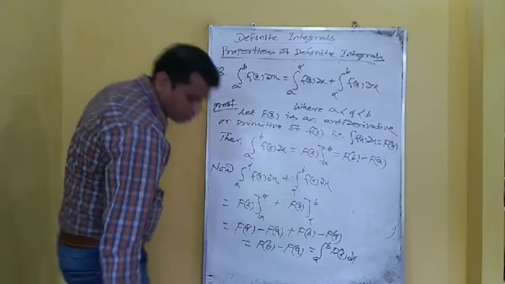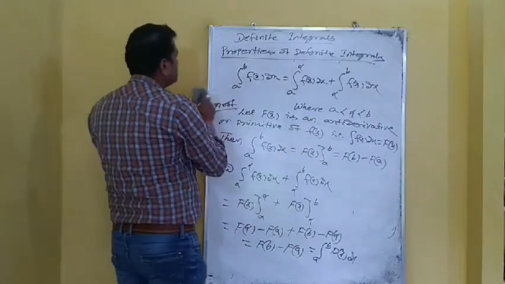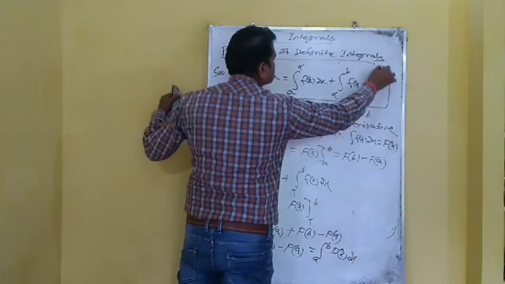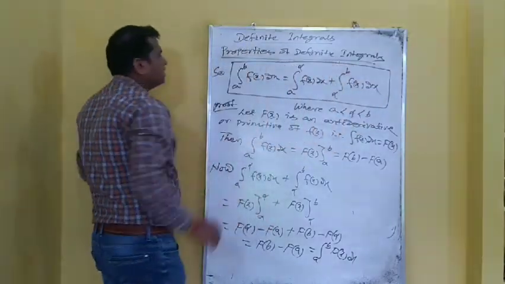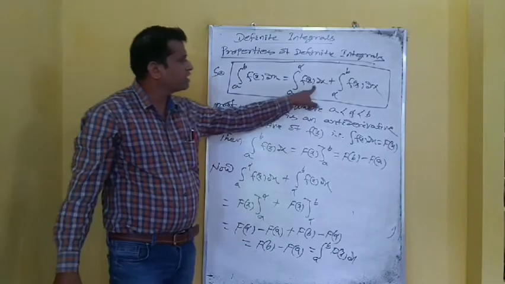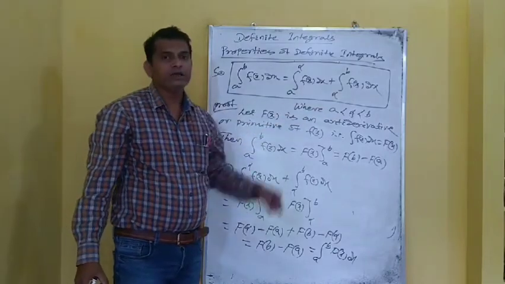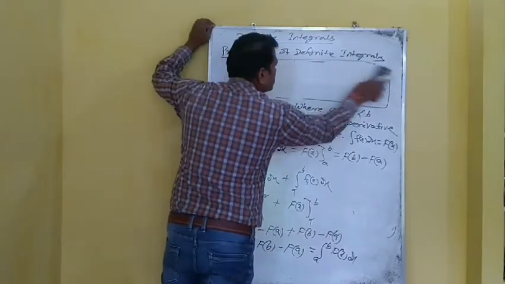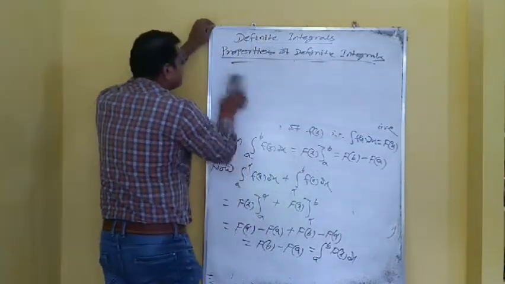So the integral from a to b of f of x dx equals the integral from a to alpha of f of x dx plus the integral from alpha to b of f of x dx. Now we take an example.